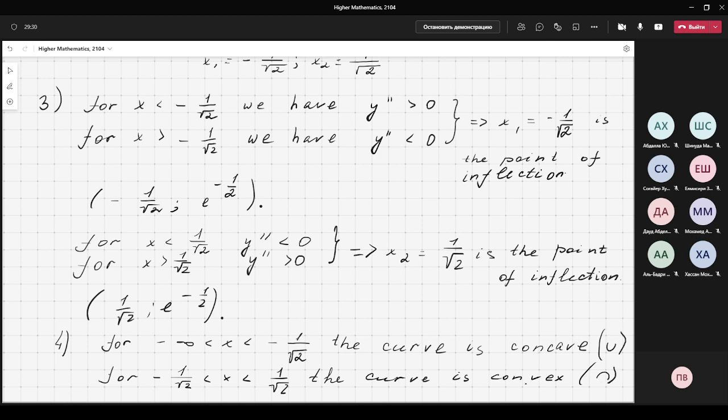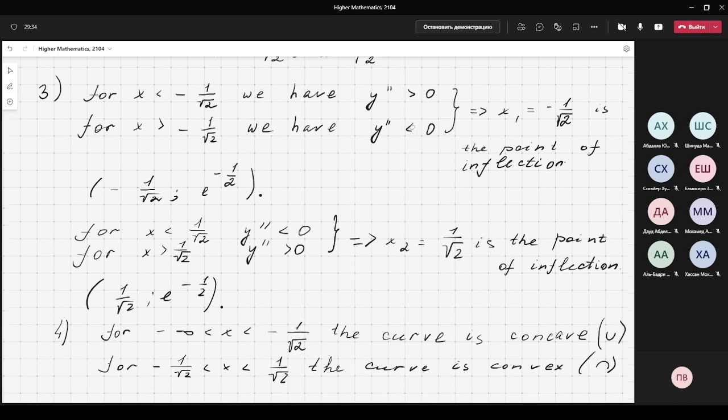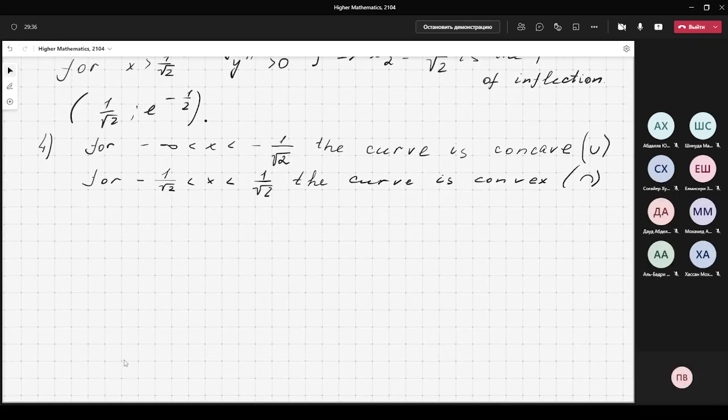For x from 1 over square root of 2 to plus infinity, the curve is concave.